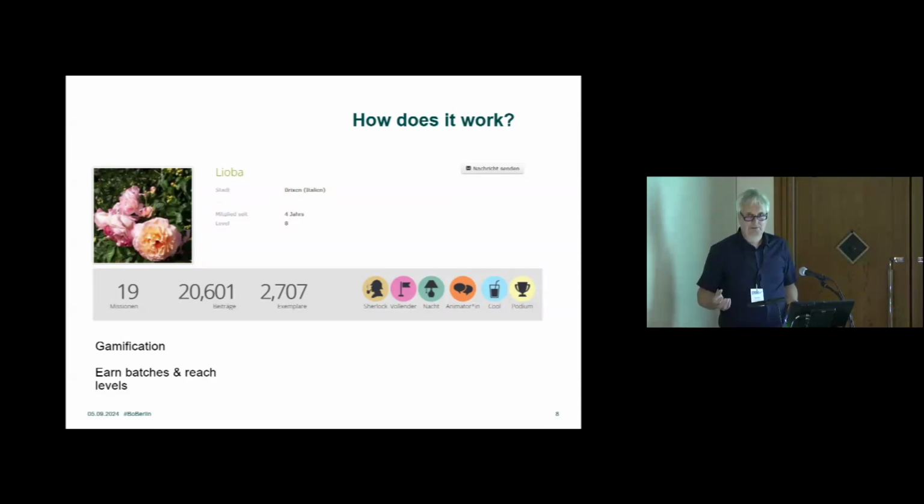For example, you have a historic locality name and derive the country from today or the coordinates, or things like that. Vollender is finisher, somebody who gets things finished. Nacht is about night; it's people working at night, and so on.